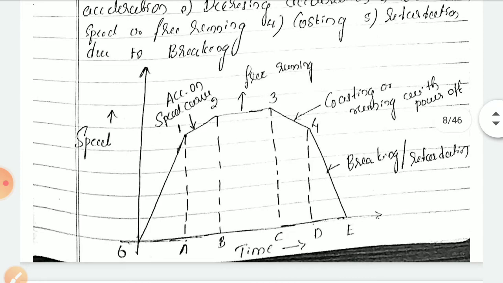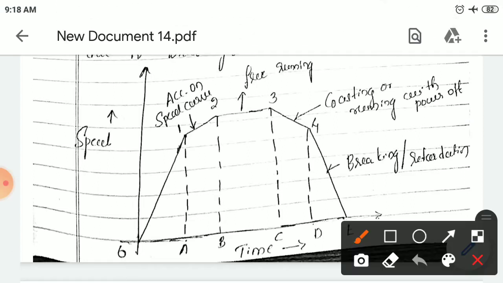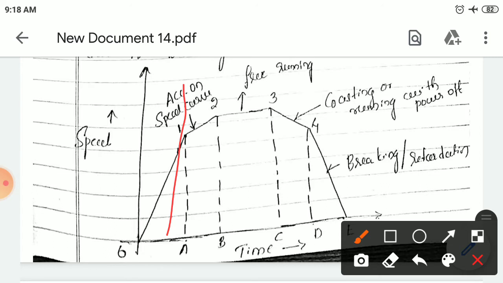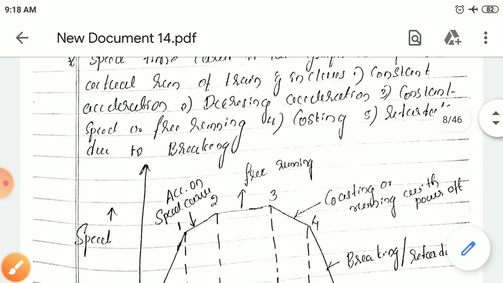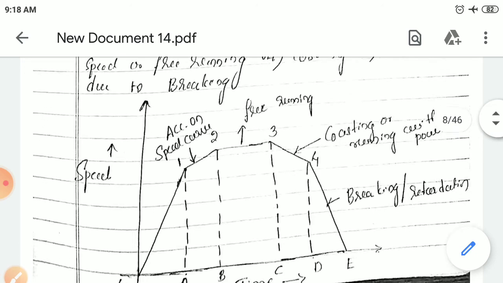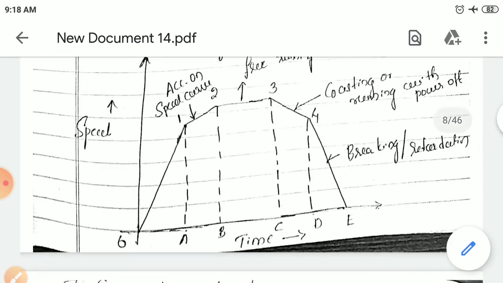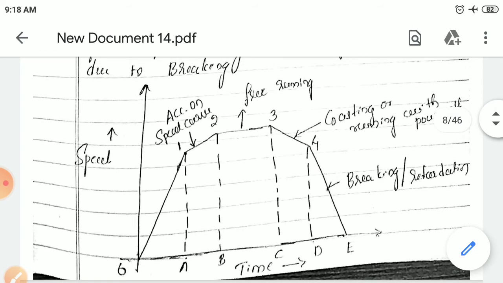It is the combination of the acceleration period, coasting period, free running period, and braking. It is a graph indicating the speed against time.